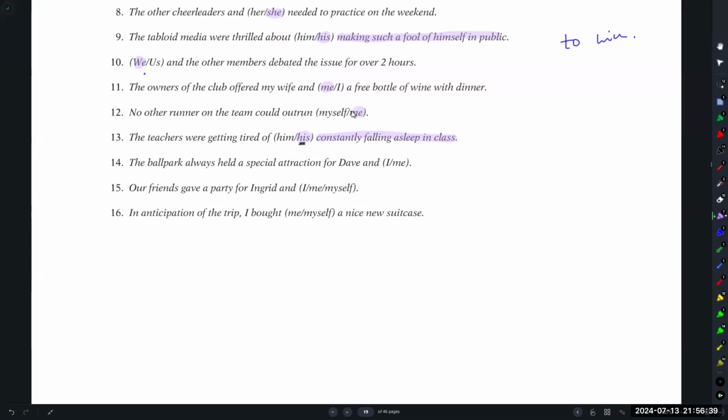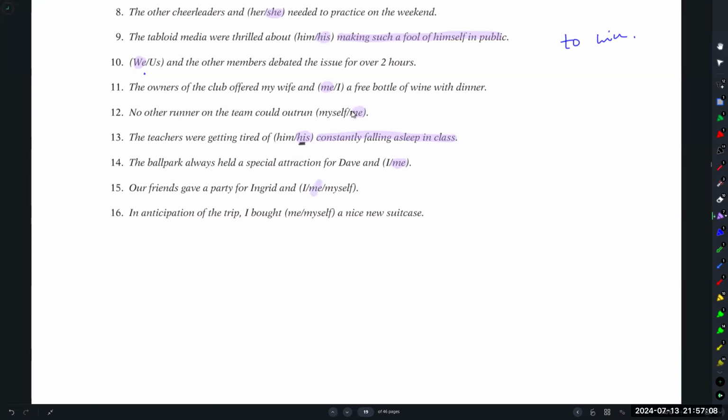The ballpark always held a special attraction for Dave and me. Our friends gave a party for Ingrid and me.